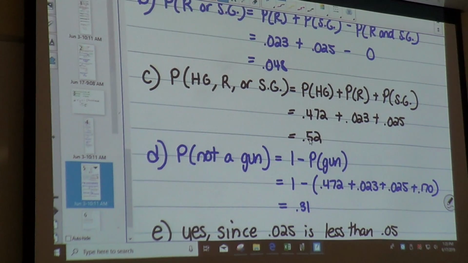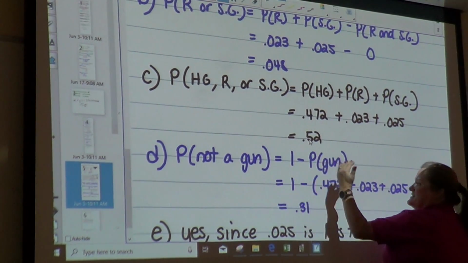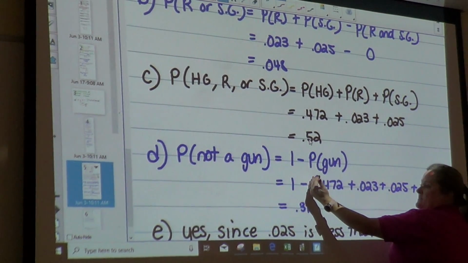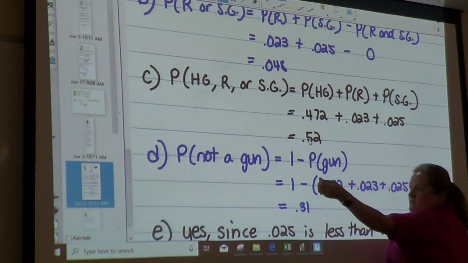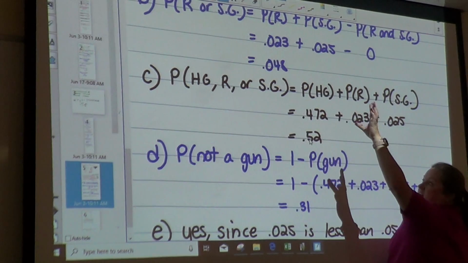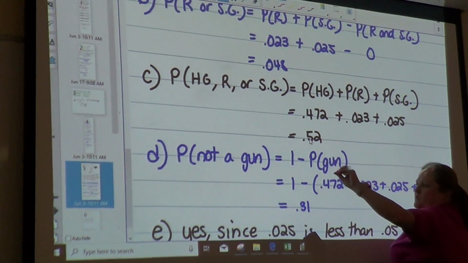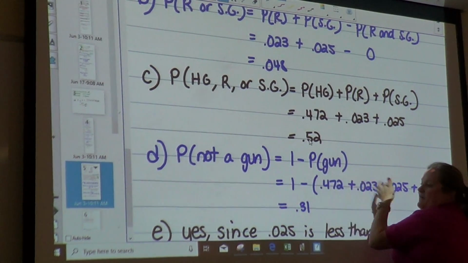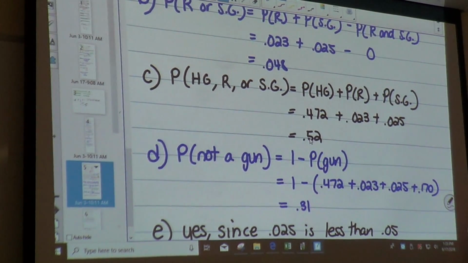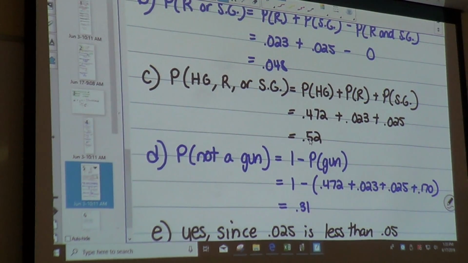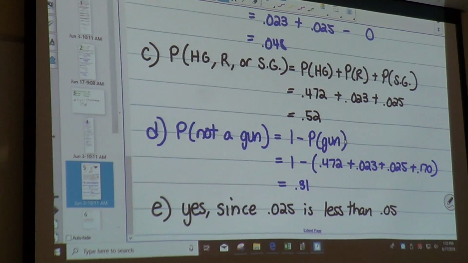And for the gun, I actually did the complement. I did 1 minus all the guns instead of doing the not guns. Up there, I did the knives, the other, and whatever the other one was. Here, I did 1 minus the guns, just to show you it'll give you the same answer. But there's the prettier writing.